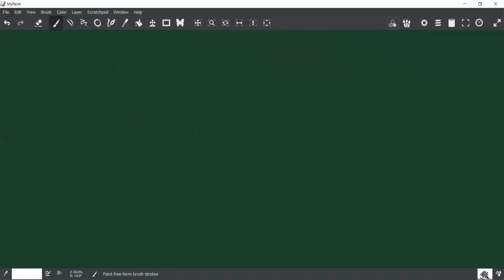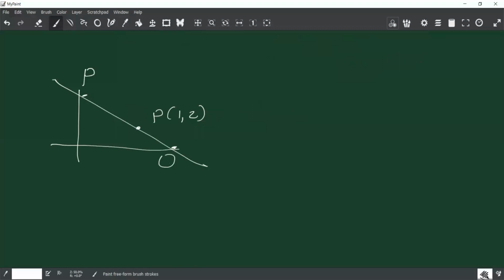Got it? I'll also tell you where the mistake will happen. When they say that this point P, say (1, 2) or something, divides this AB in the ratio say 2:5, then normally what happens is, suppose you take this P, this Q, then they write 2:5 like this, which is wrong.